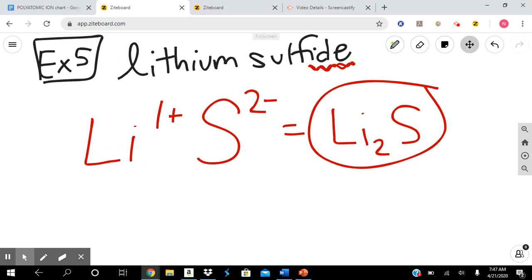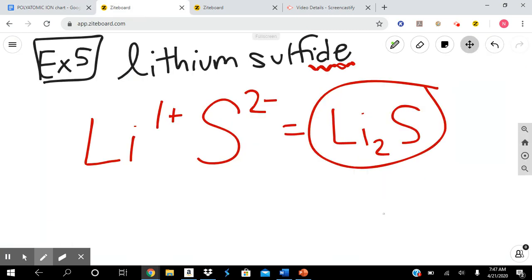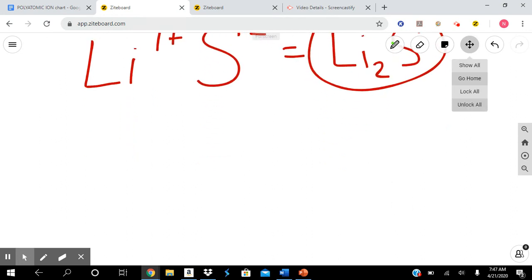In the polyatomic chart, some common ones are nitrates, sulfates, phosphates. So with these, let me drag this back. We have our sulfides. So we have sulfide.